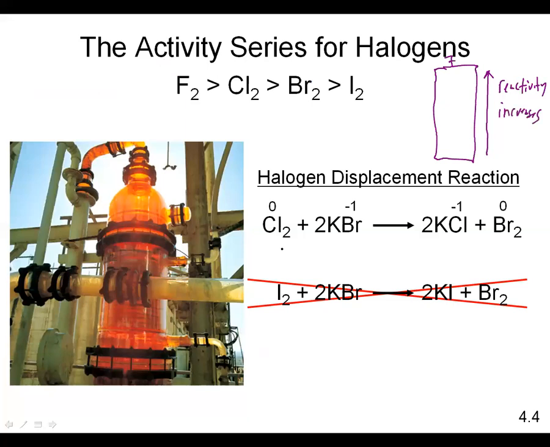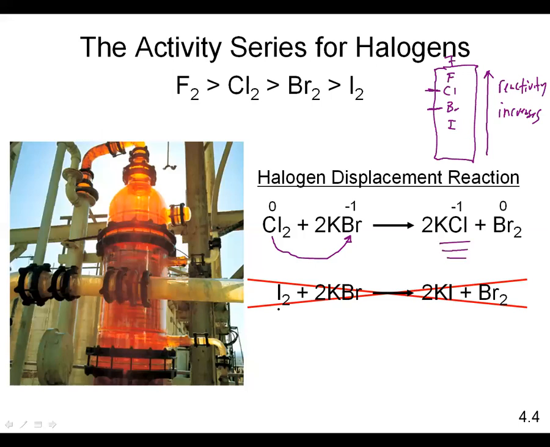So when we compare the chlorine coming in to kick out the bromine, when we look at group 7, we have the fluorine, the chlorine, the bromine, the iodine. Because chlorine is higher in group 7 than bromine, as we saw in that experiment, chlorine is more reactive than bromine. So this reaction will take place.